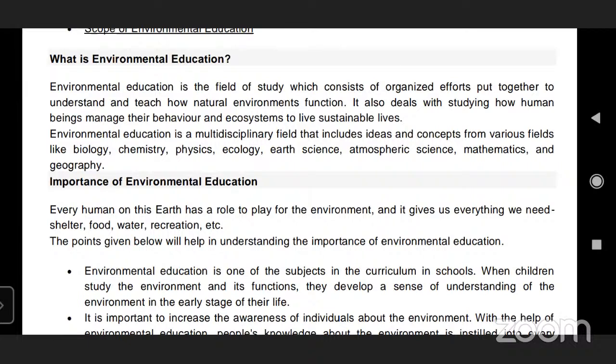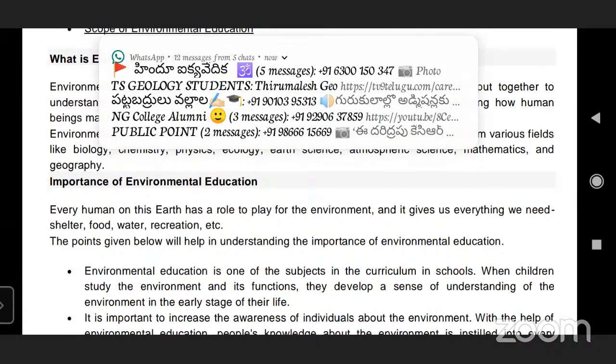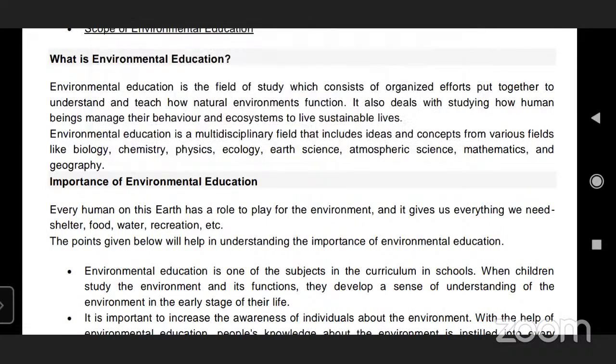First, shelter. We need some shelter to stay. And food, isn't it? We also need water and recreation, etc. Whatever necessities we need will come from the environment only.